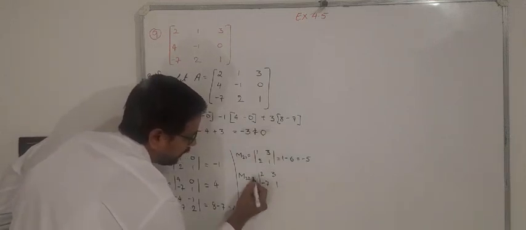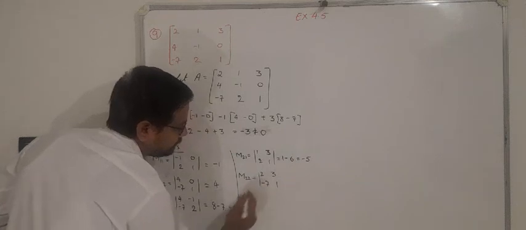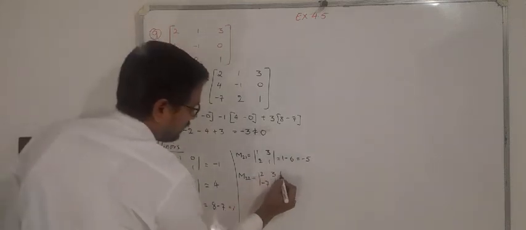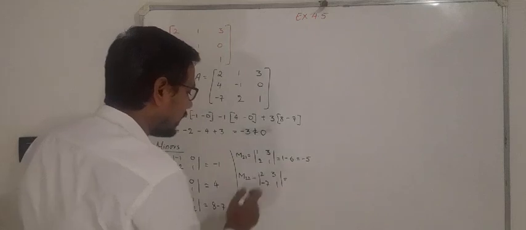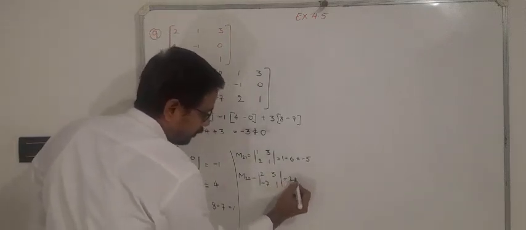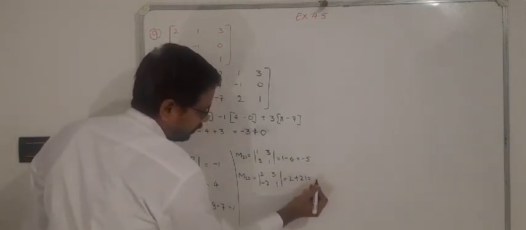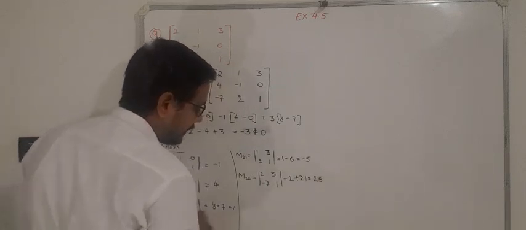So what will be this value? This will be 2 plus 21, so that is equal to 23. Okay.